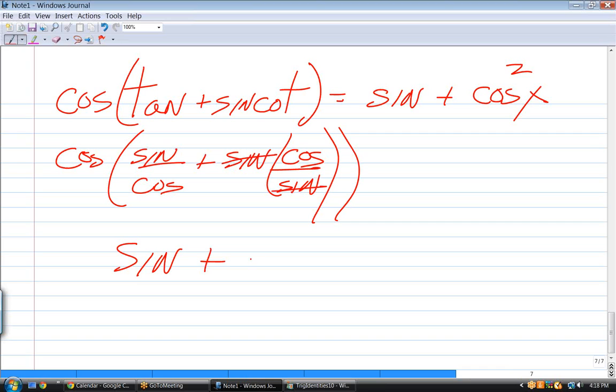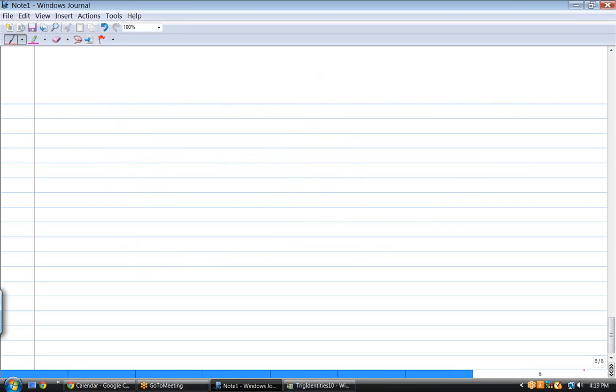Yeah, that cancels with that. Cosine times cosine is cosine squared. Okay? There's nothing wrong with looking over there to see what you're trying to turn it into. It can frequently make it a little faster. If you know what I'm saying. Yeah. Okay.